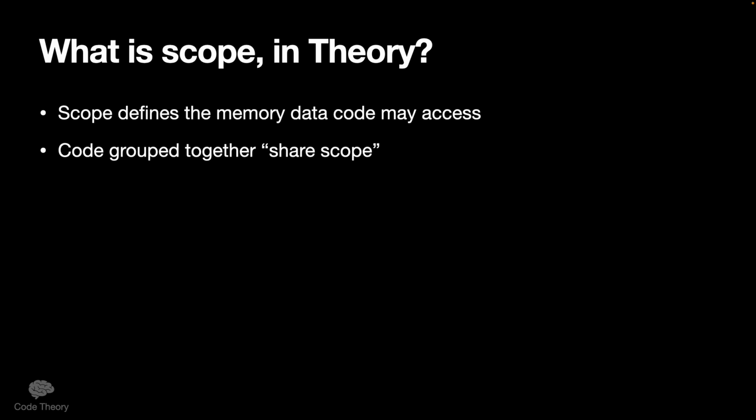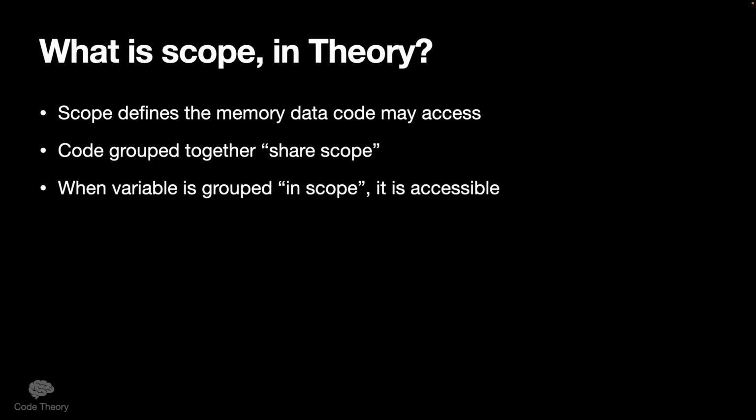They are within the same scope. If a variable is grouped in scope, that means it is accessible. So variables and constants in Swift, if it is within the same scope as the current code that is executing, you can access that variable or constant.